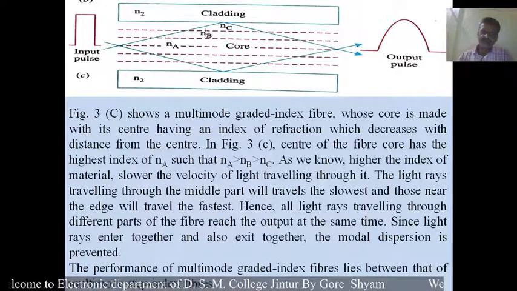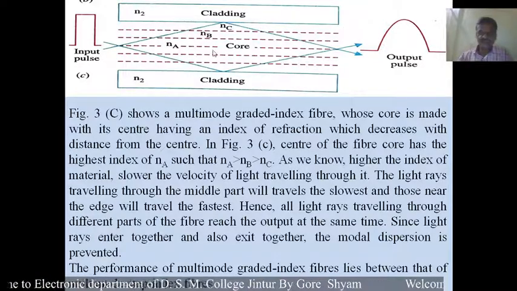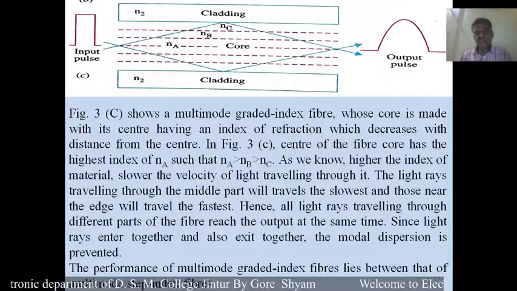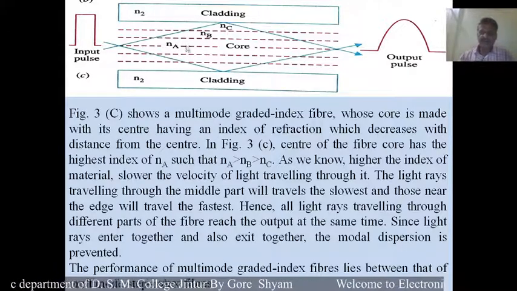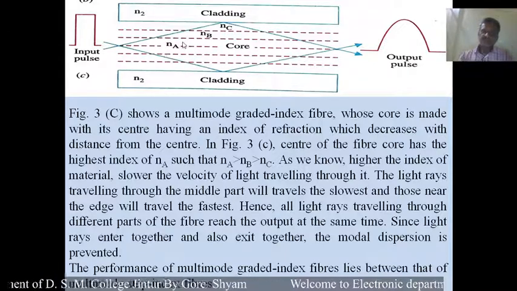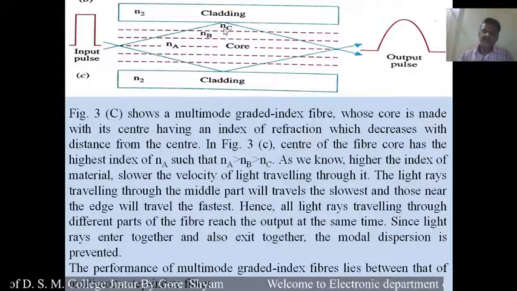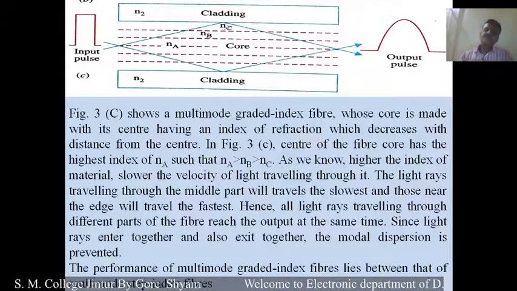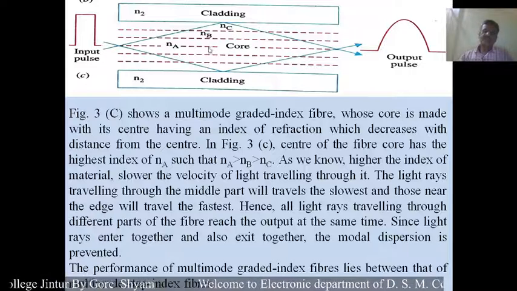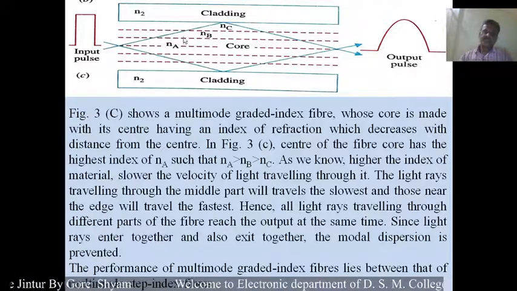The refractive index at this point is Na, at this point Nb, and at this point Nc. Na, Nb, Nc are different: Na is larger than Nb, which is also larger than Nc. Means the refractive index changes from the center.